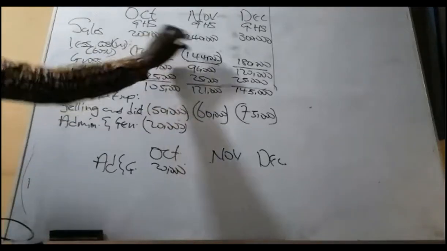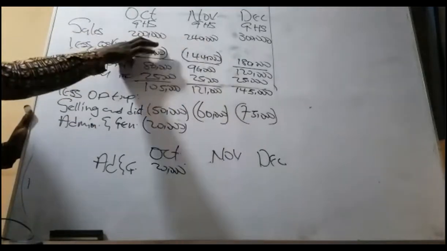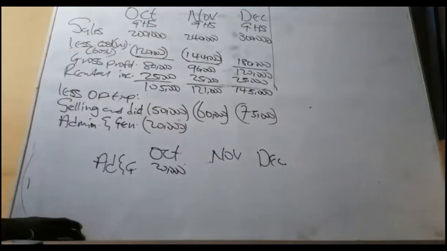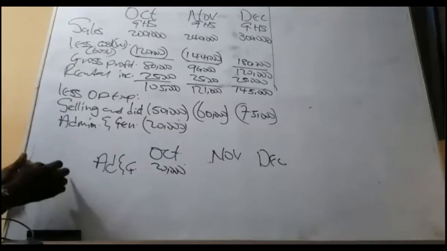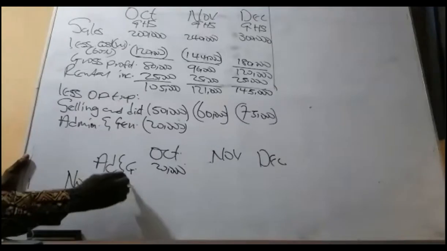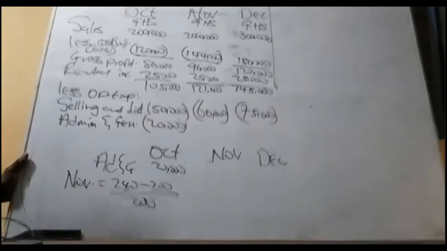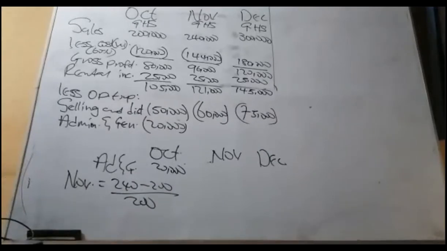How do you find the increase in sales revenue? It's the new minus old, all divided by the old. So if you want to get the November increase, it will be the 240 less the 200, all divided by 200 times 100. That will give us a certain percent. That means you have to increase it by that amount.